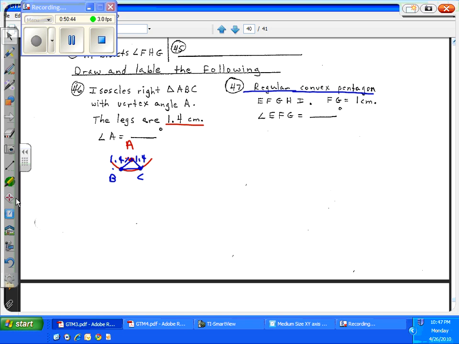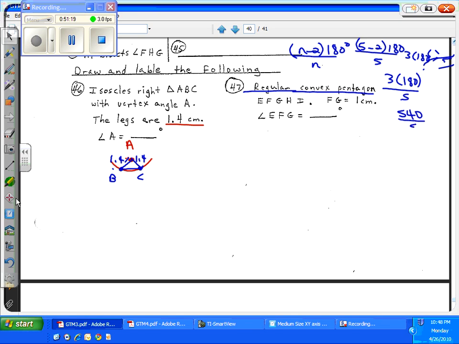If it's a regular convex pentagon, to find each angle, you would take n minus 2 times 180 degrees divided by the number of sides n, which is 5 minus 2 times 180 divided by 5, which is 3 times 180 divided by 5, which is 540 degrees divided by 5, which is 108 degrees for each angle of a pentagon.